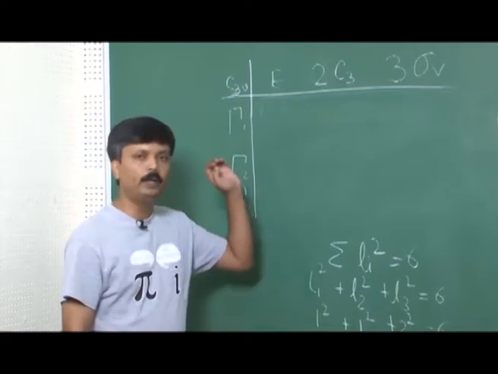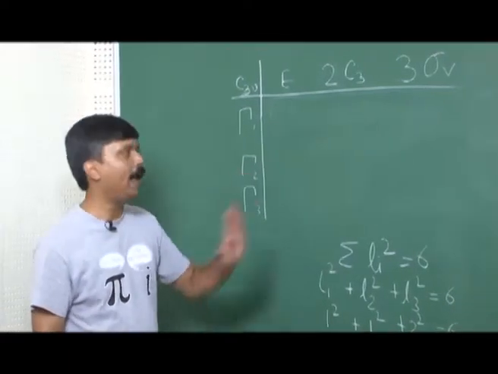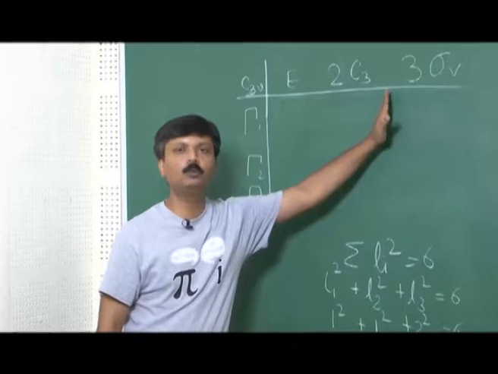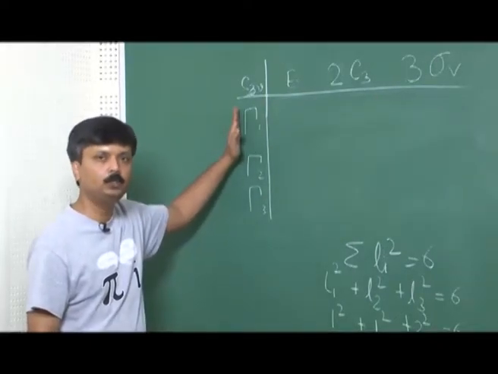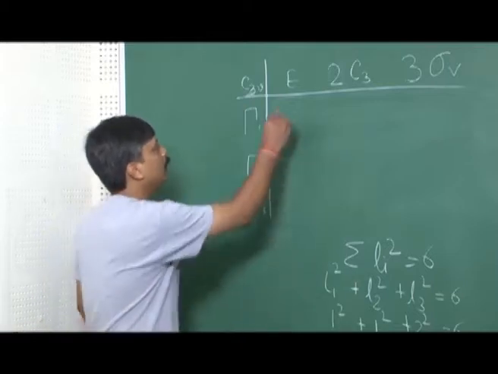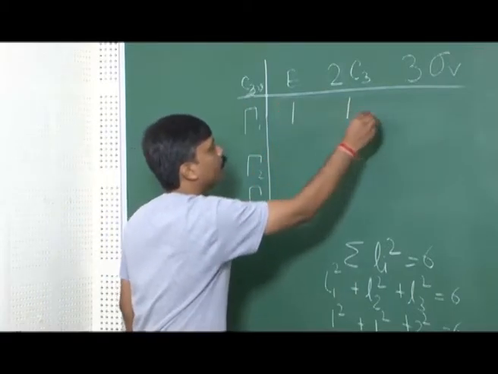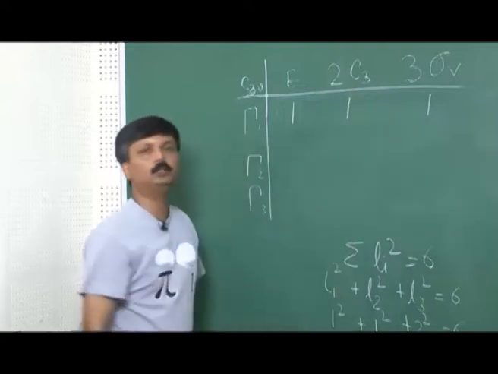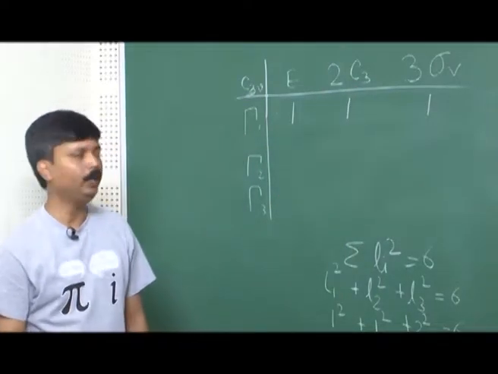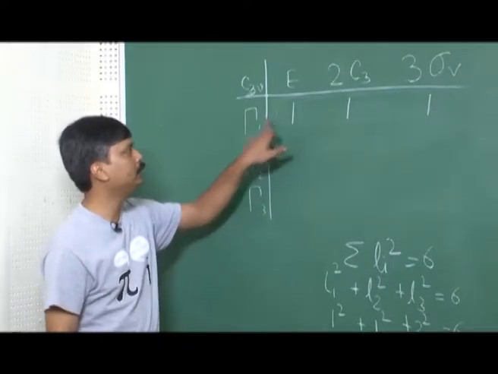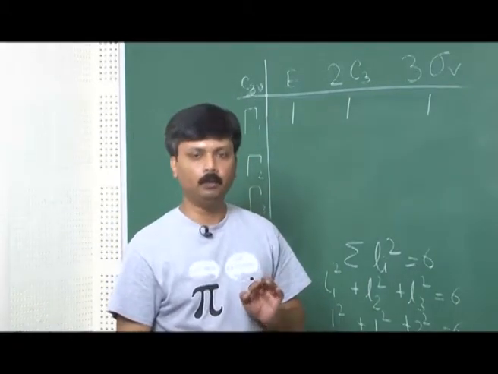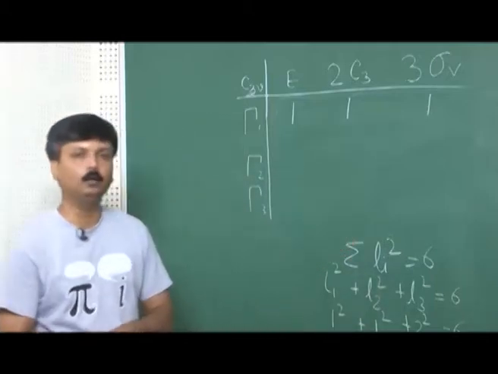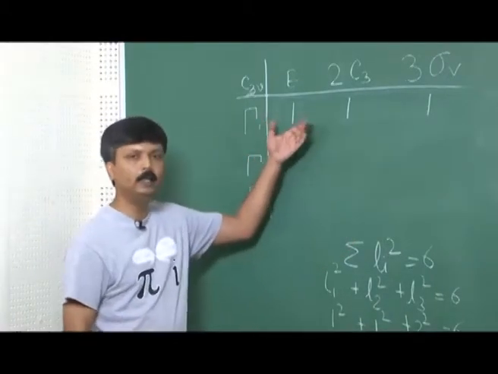So without worrying about anything, I can fill out at least 1 row corresponding to 1 irreducible representation, which is supposed to be 1 dimensional. So let us write down the totally symmetric irreducible representation. Okay, and I know immediately that this corresponds to a type of irreducible representation when we look at the Mulliken symbol.